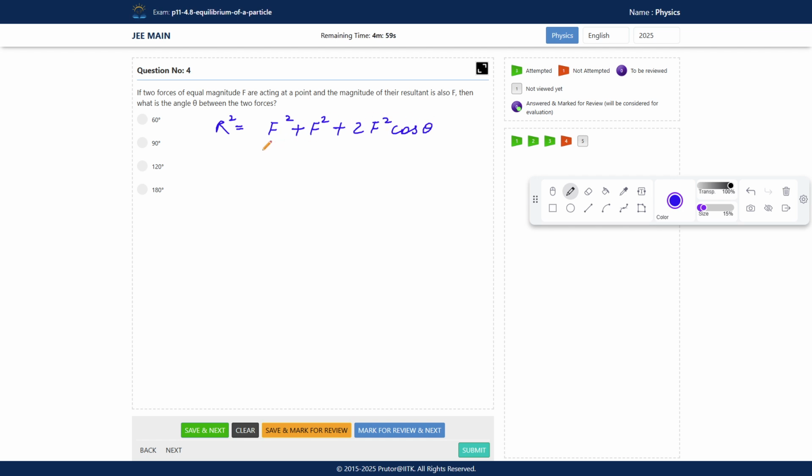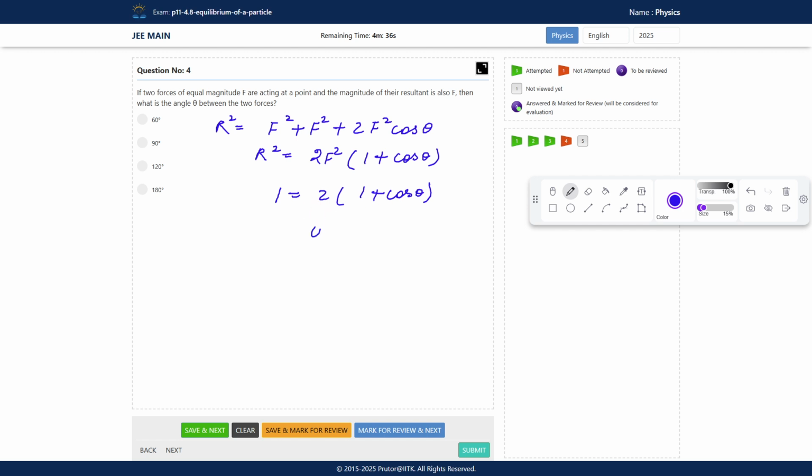Solving this you get R square is equal to 2F square (1 plus cos theta). R is F here, so 1 equal to 2 (1 plus cos theta).